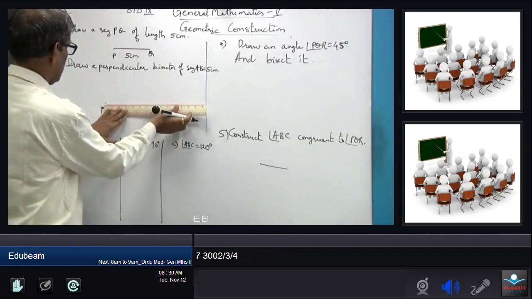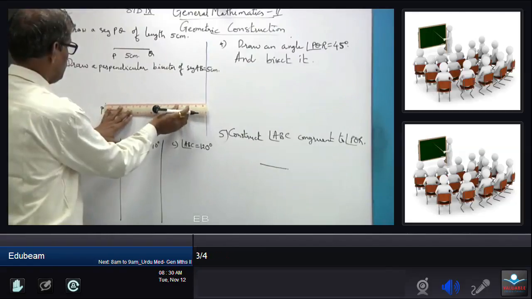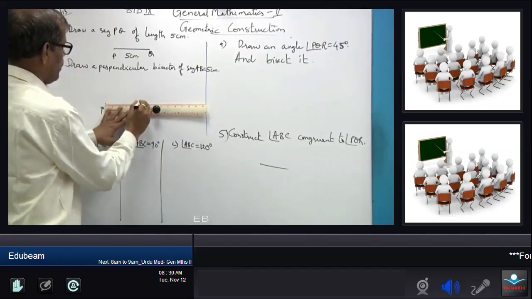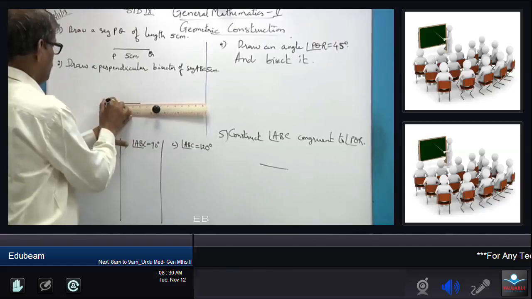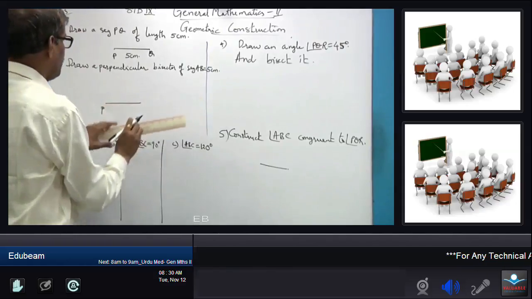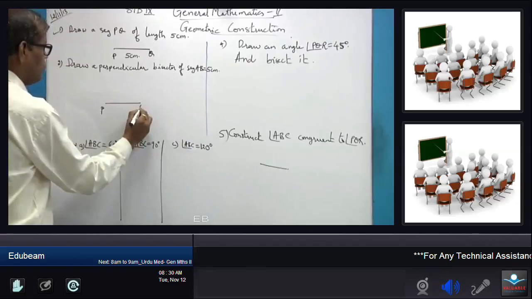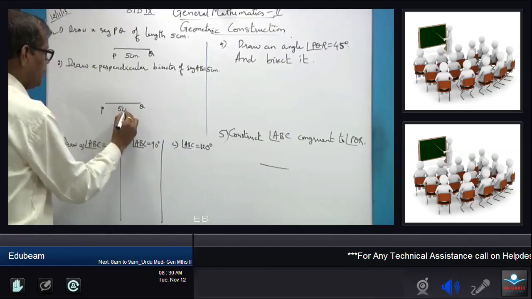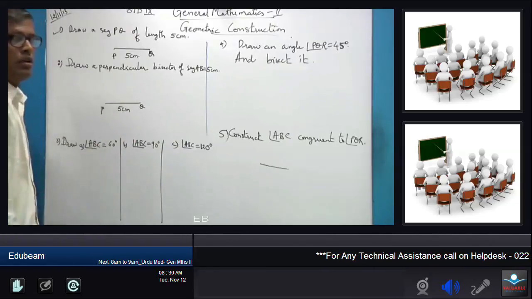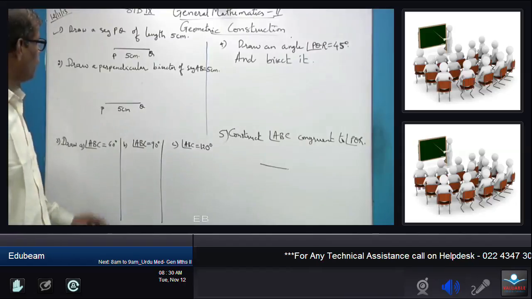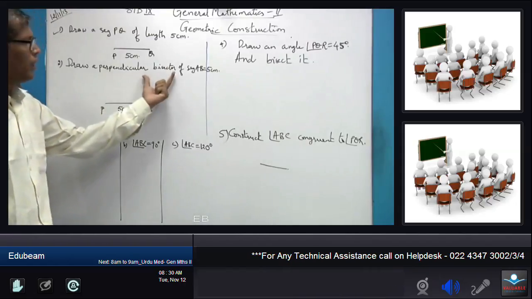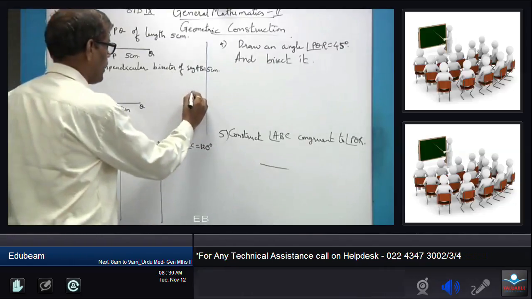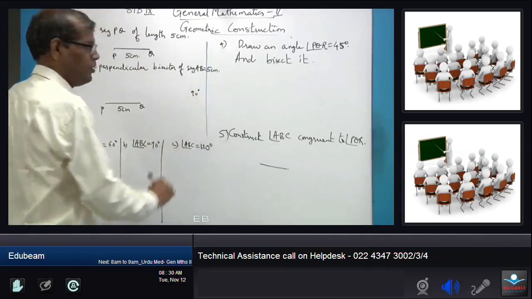Perpendicular in the sense you will get this as 90 degrees, and bisector means you are going to divide it into two equal halves. So these two parts will be equal. So if you take this as 5, this will be naturally 2.5 and 2.5.